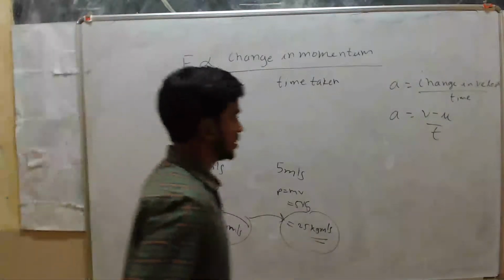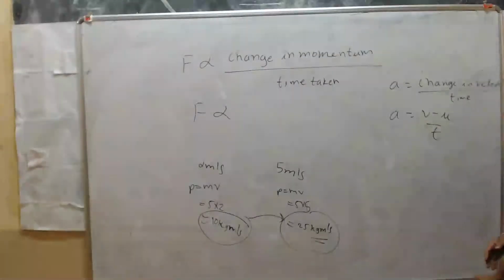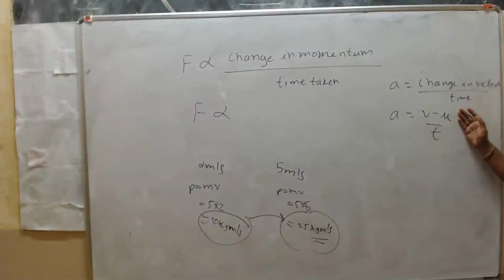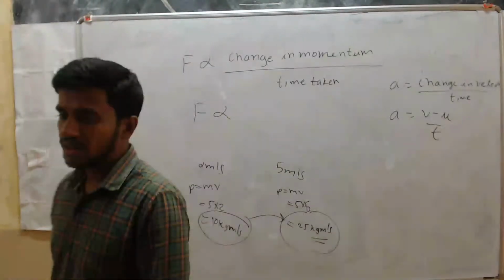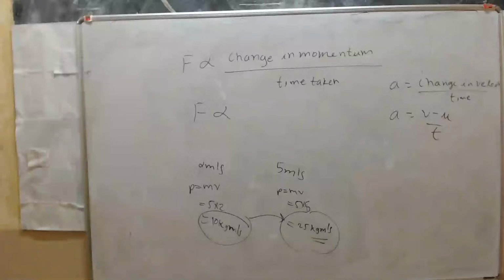See here, you know, change in velocity we can write mathematically as final velocity minus initial velocity, that is v minus u. Now, how to write a change in momentum? Change in velocity is equal to final velocity minus initial velocity. Then how to write that change in momentum?